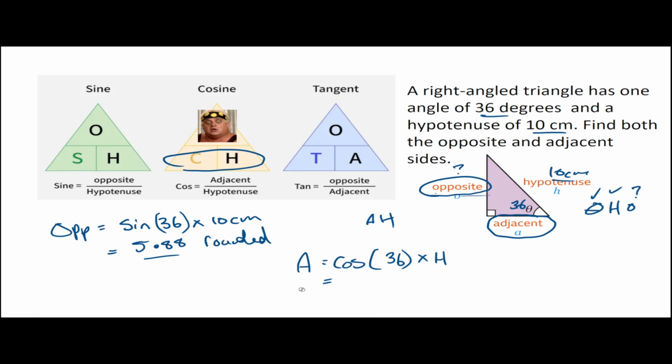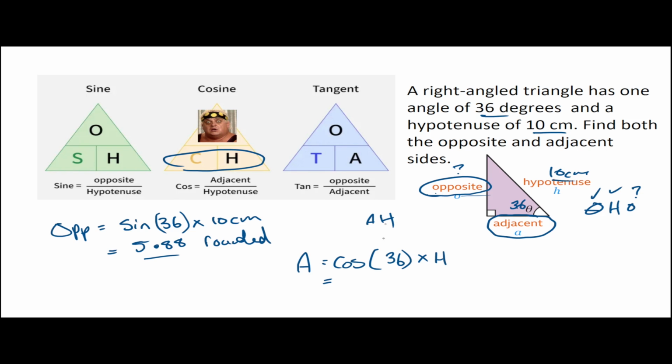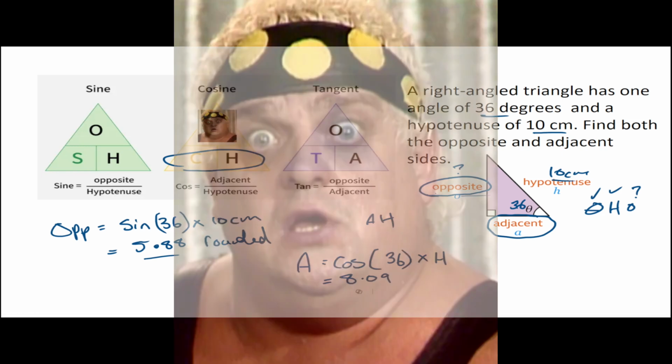And we run away to the calculator again. So cos of 36 times 10 is going to be 8.09. And we're done.